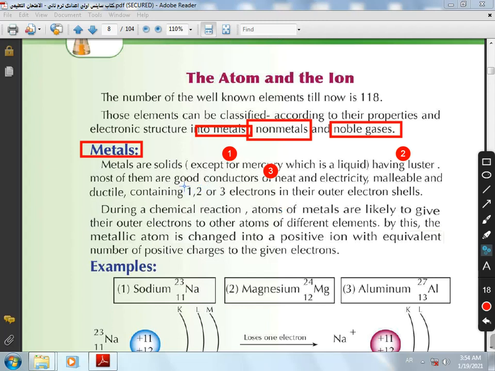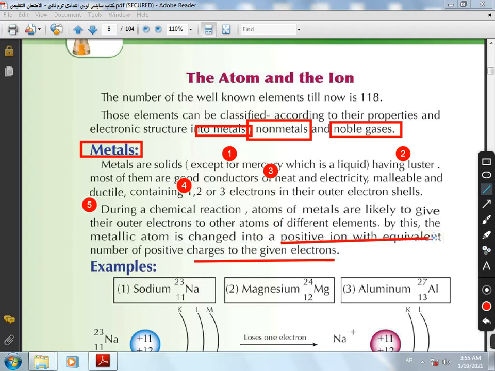Number 4, the outermost energy level contains 1 or 2 or 3 electrons. And the behavior of these elements during the chemical reaction, they lose electrons and change into positive ions. These positive ions have a number of positive charges equal to the number of electrons lost.